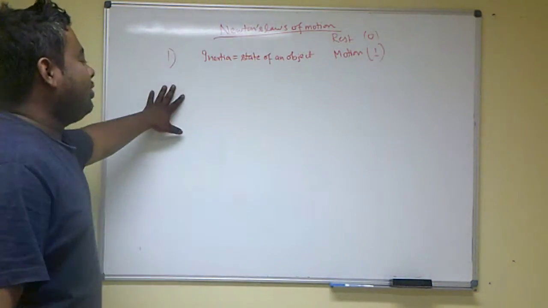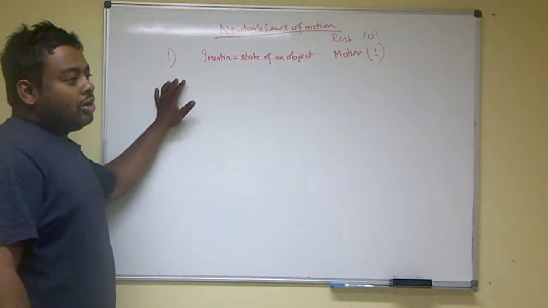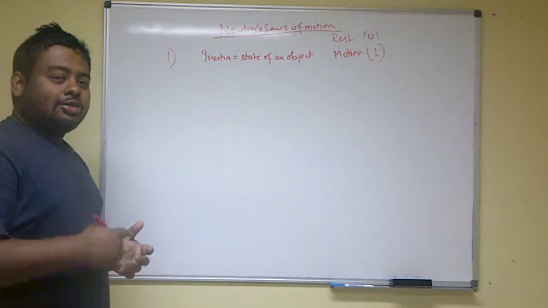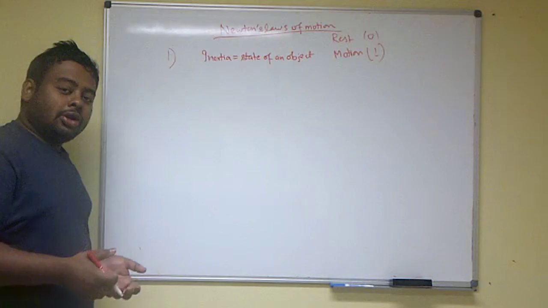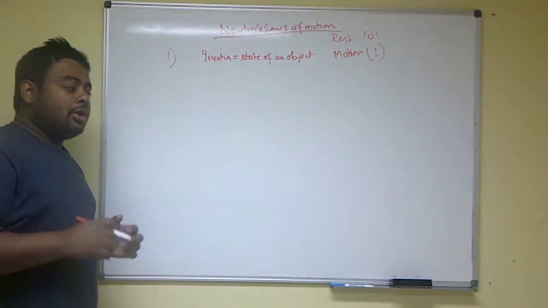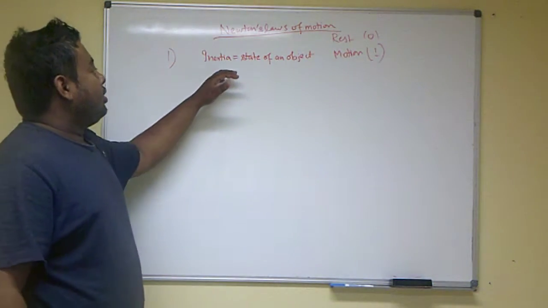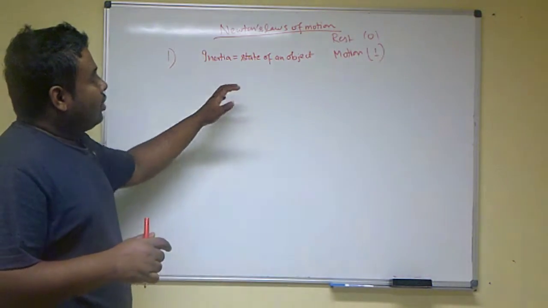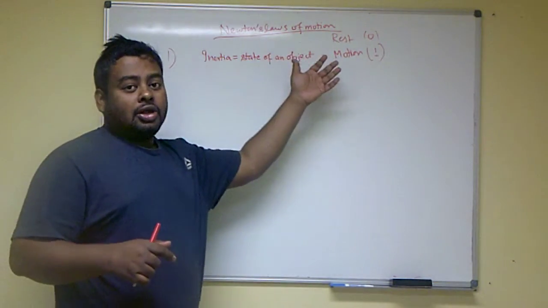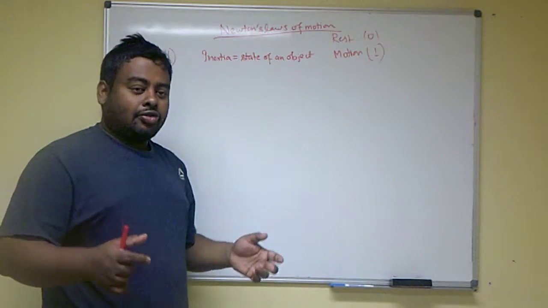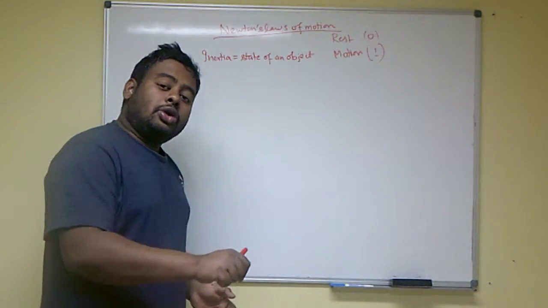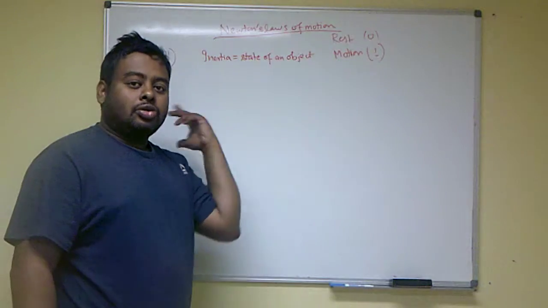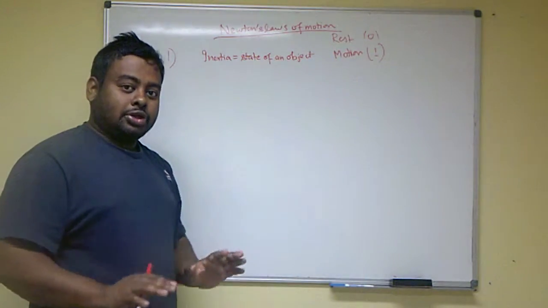So what it states is that if you do not exert an external stimulus on a certain body which is in its inertial state, for example the body is at a state of rest and you do not put any force to it, then it will continue to be in its rest position.